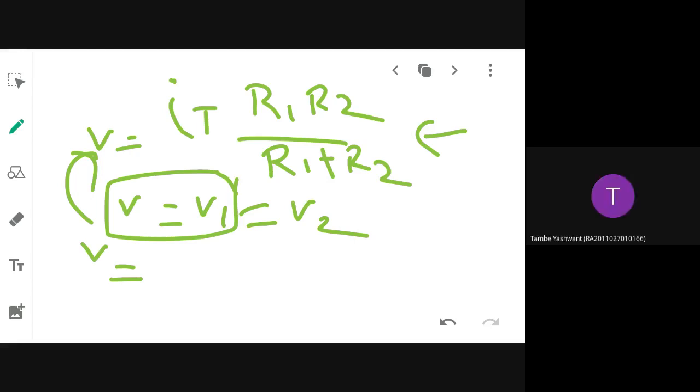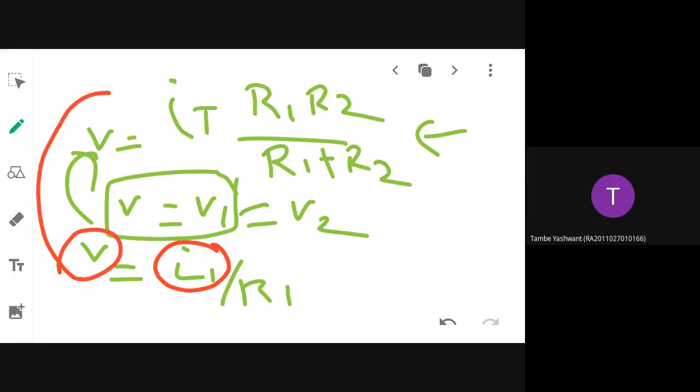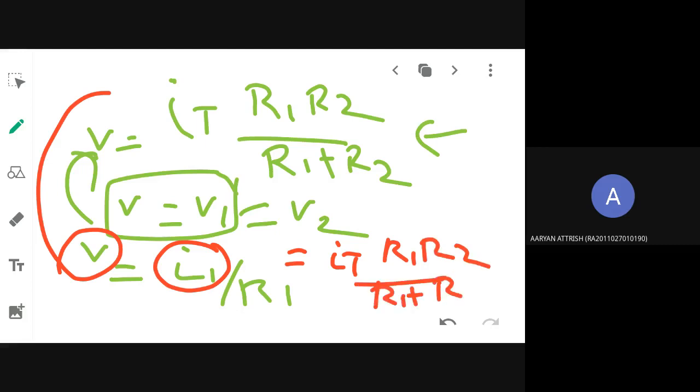V1 is I1 into R1. I want to know the value of I1 here. The current flowing through the resistance is not known to me. So I substitute whatever V I have got over here: IT R1 R2 divided by R1 plus R2.